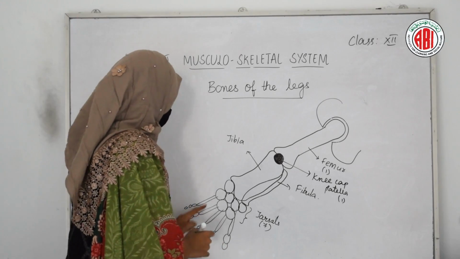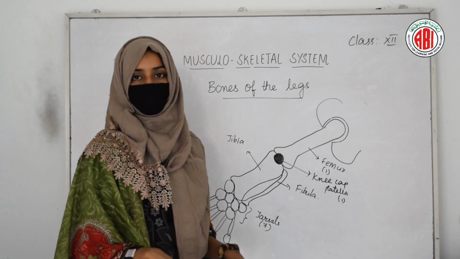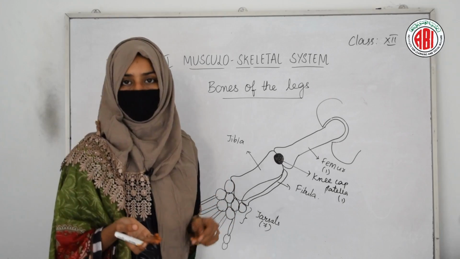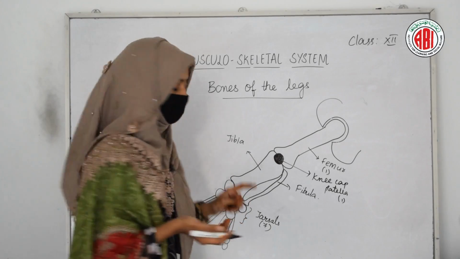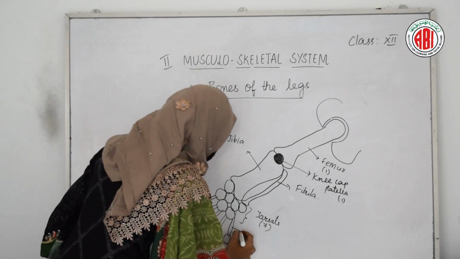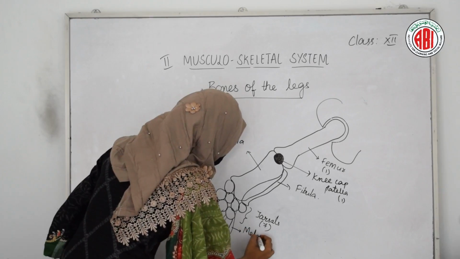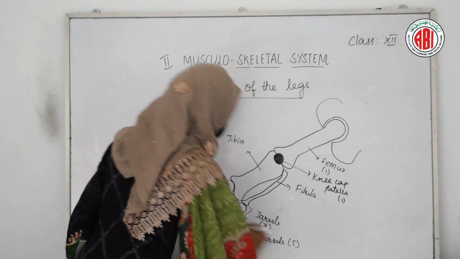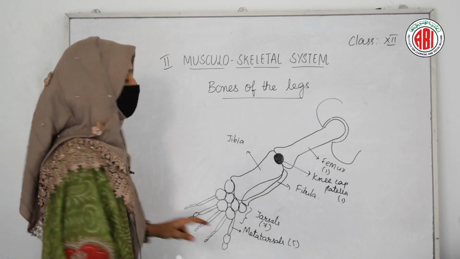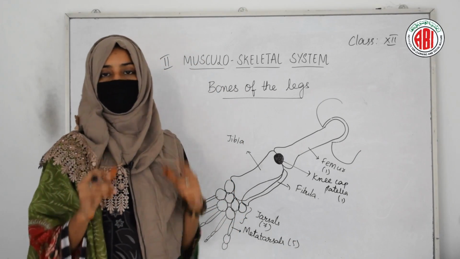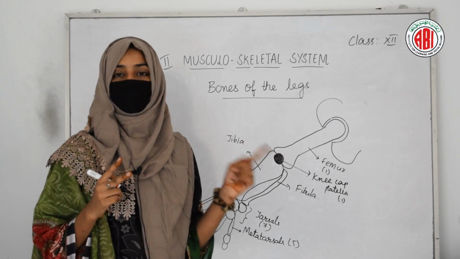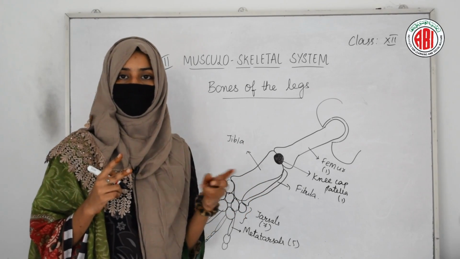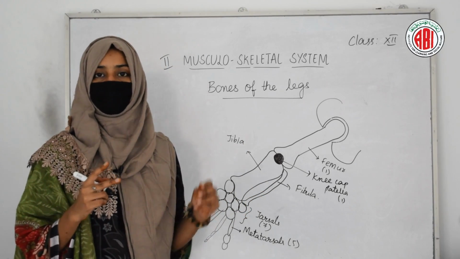Next one is foot bones. There we have seen palm bones. They are 5 in number. Here also, we call these metatarsals, and metatarsals are 5 in number. And we know that the thumb contains 2 bones, whereas the fingers show the presence of 3 bones, right?